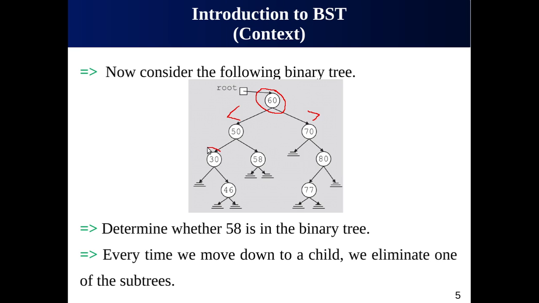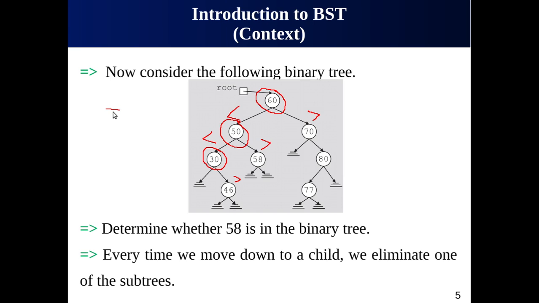Now consider 30. It has no left child, but the right child must be greater than the parent, that is 46. And same is the case with 50. The left child must be smaller than the parent, and the right child must be greater than its parent.